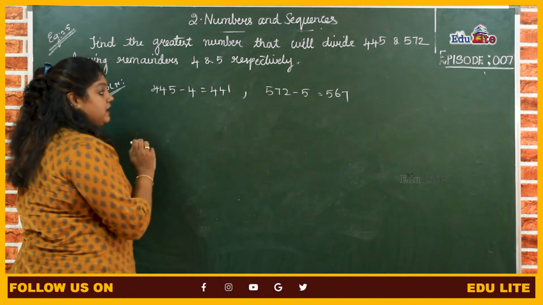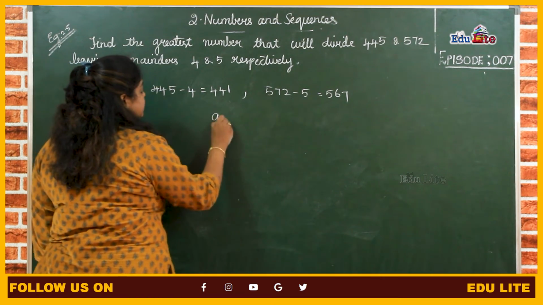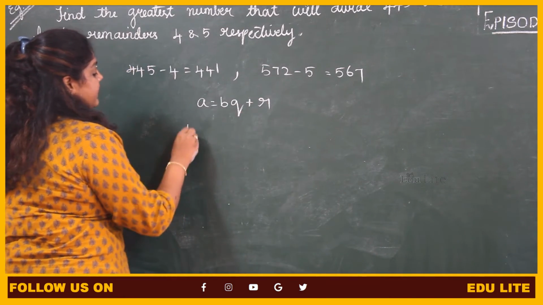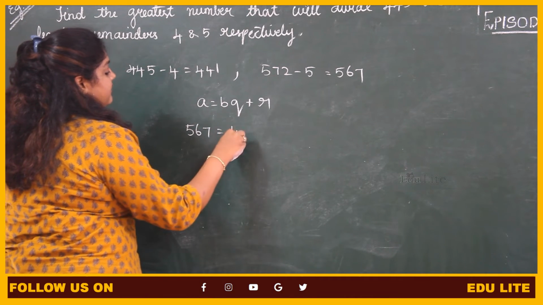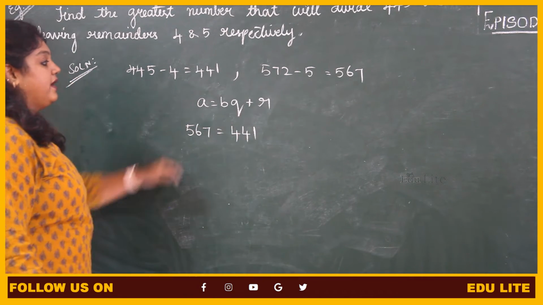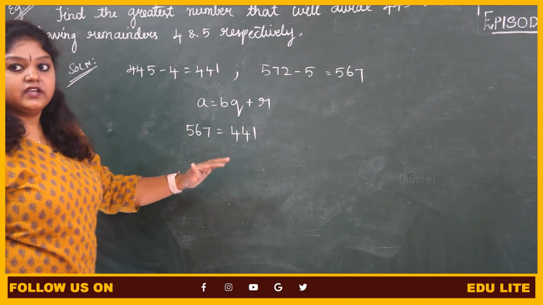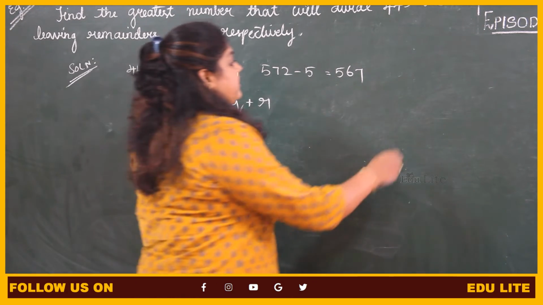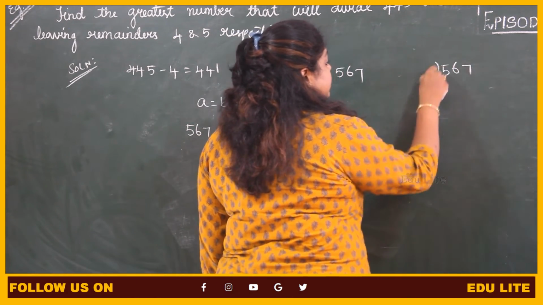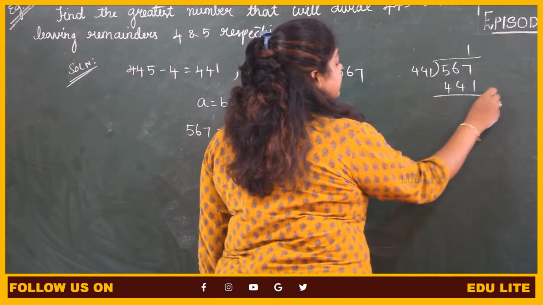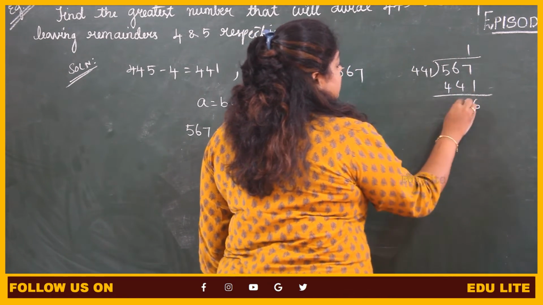We will use Euclid's division lemma, which is a equals bq plus r. The a value here is 567 and the b value, the divisor, is 441. We have to find the quotient and the remainder. So 567 divided by 441, I can choose only one time. So 441, 126.